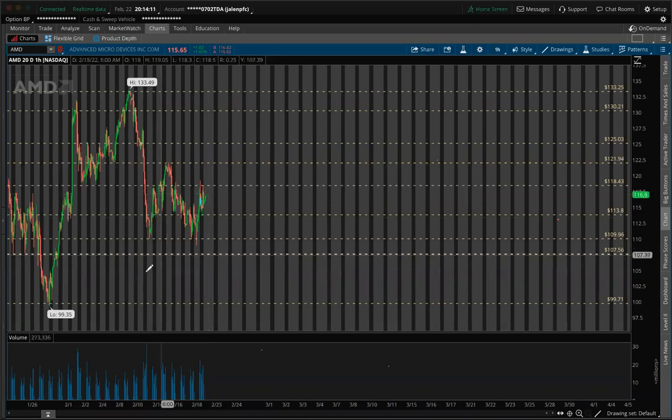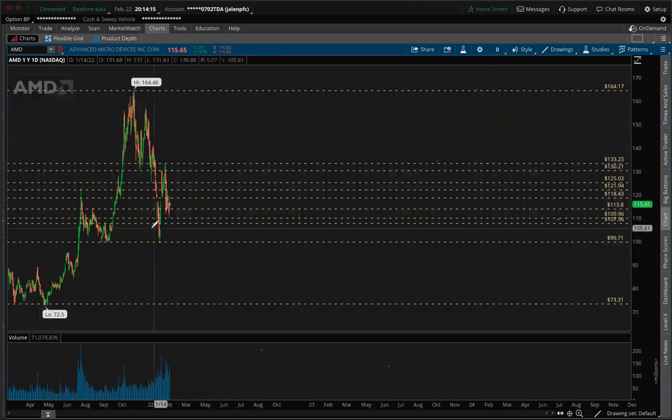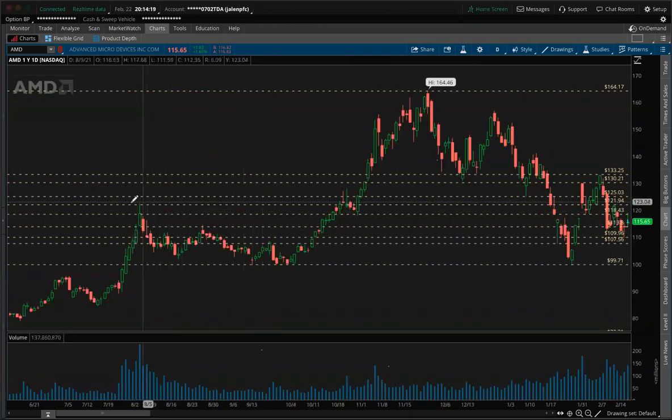Now, if you have a weird wick like this on the bigger time frames, you could plot that, because technically it means one whole day it had trouble breaking 122.